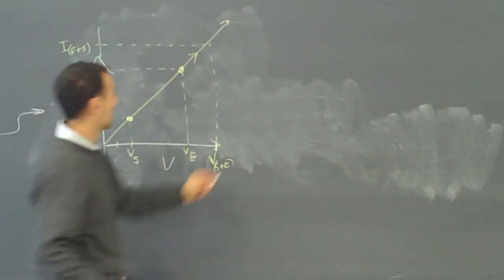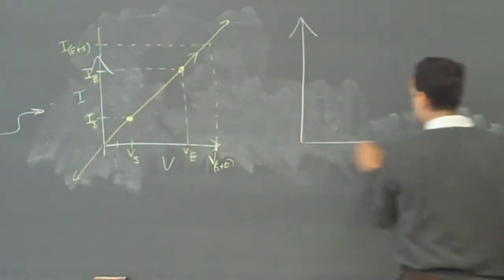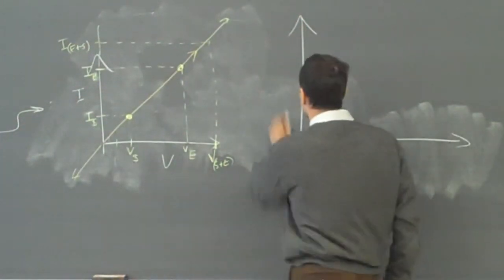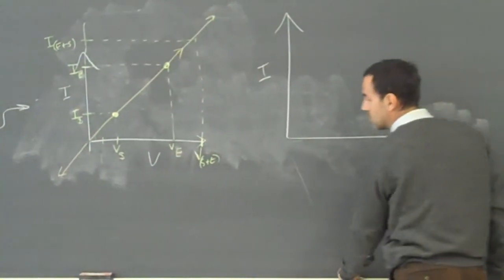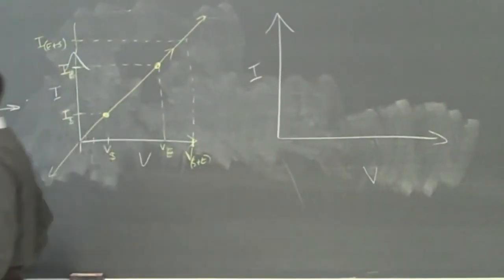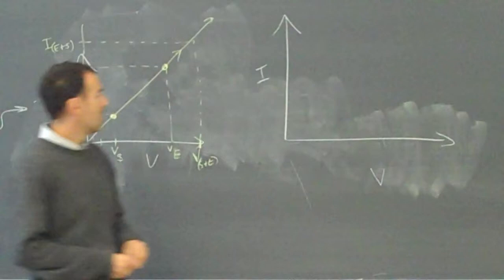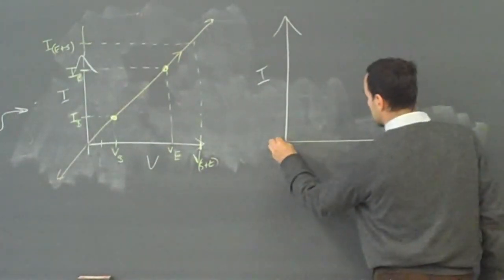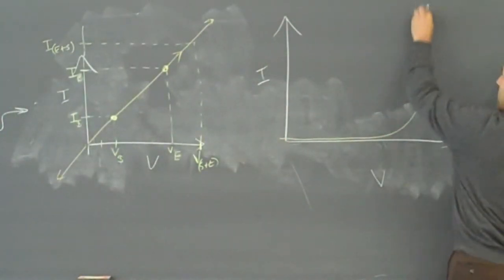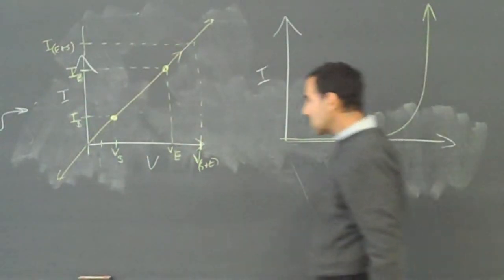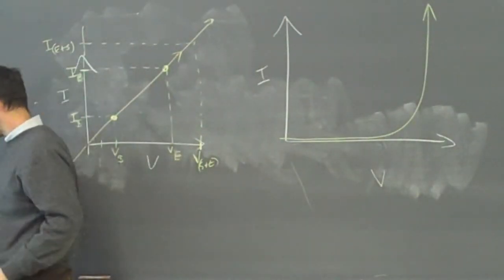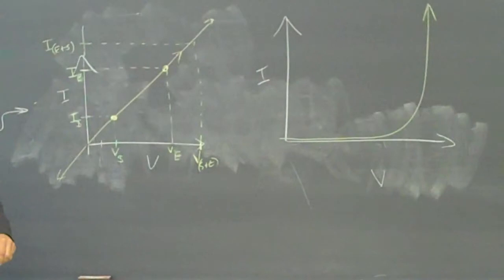Let me go to a second device. I'm going to plot the current as a function of voltage for a diode. You made this graph in one of the early labs. What you saw was that the graph looked like this. Okay?